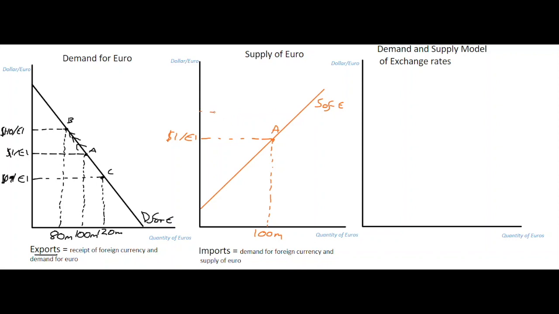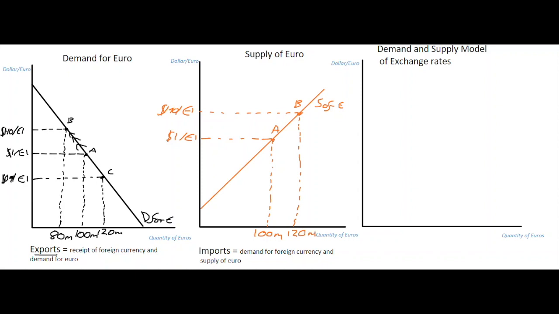If the currency were to appreciate, to increase in value, now a euro would gain you, for example, $1.10 as before. The impact here in terms of the supply of euro is that the supply, denoted by point B, increases. So it increases in terms of supply. Why is this the case?